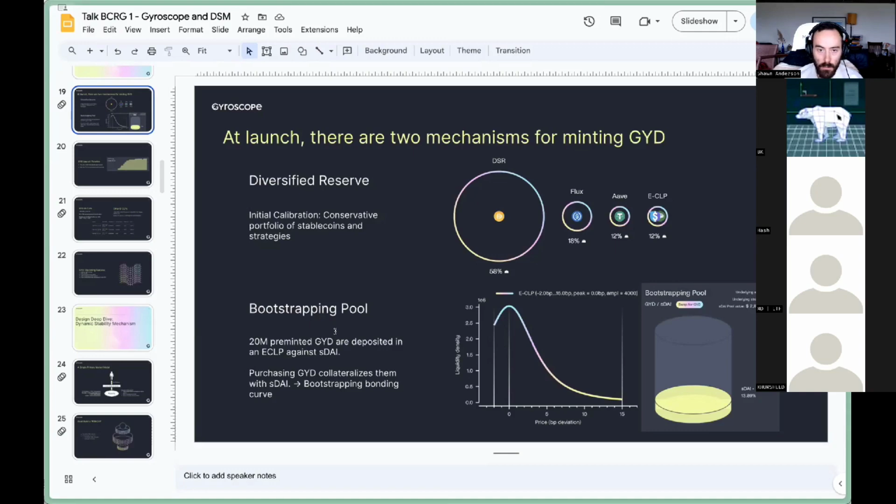I think the third question was, does the system rebalance itself? Here I'm focusing on the diversified reserve. There's currently no attempt. This could be built in, but it's relatively complex because ideally you also want to route these trades optimally. Maybe you're going to build it eventually, but my intuition right now is that probably the system shouldn't do this autonomously, but should instead set incentives for people to do this.